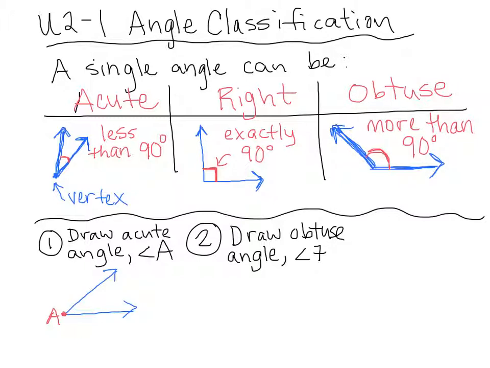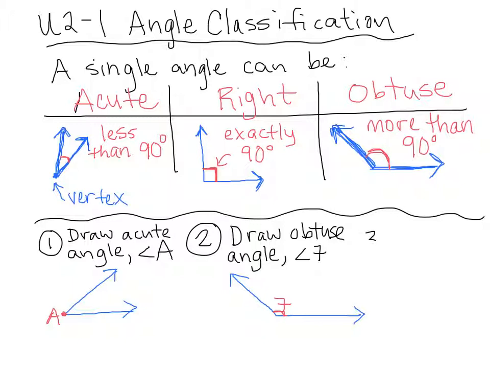Now I want it to be more than 90 degrees. Okay, so this might be an example of what you draw as your obtuse angle. And then typically when we're numbering an angle, it goes on the inside. Okay, so it's numbering the inside of where that angle is instead of the outside at the vertex.